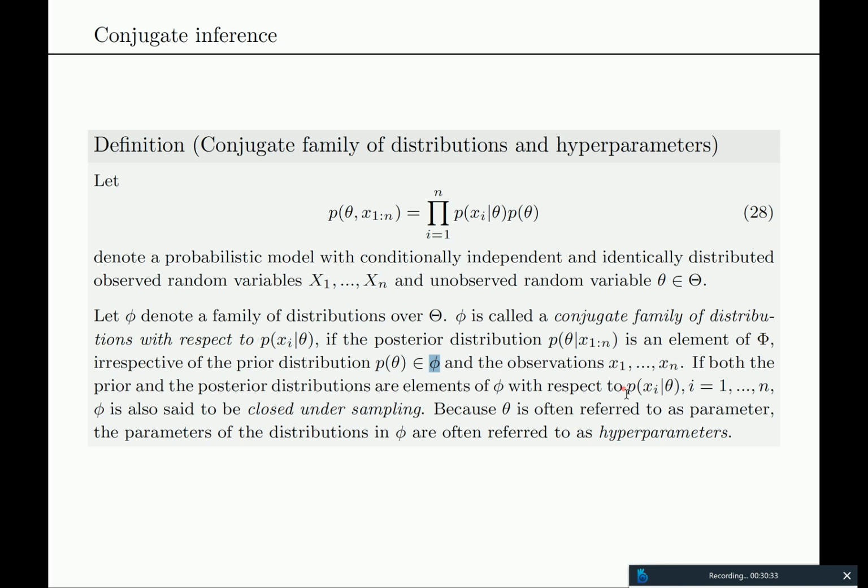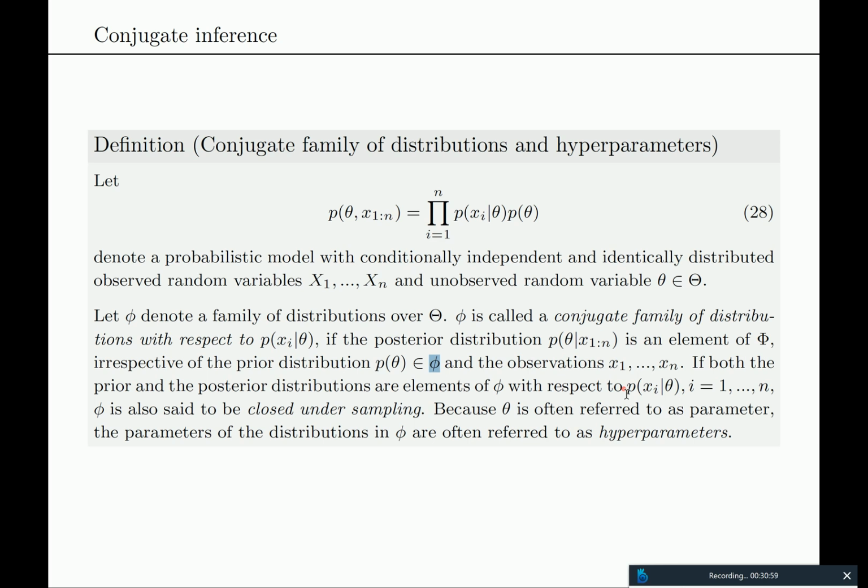So in the conjugate case, the probability distribution type of the prior and the posterior is always the same. What is of course not the same is the specific form or the specific instance of this distribution, because you update your prior distribution to a posterior distribution.